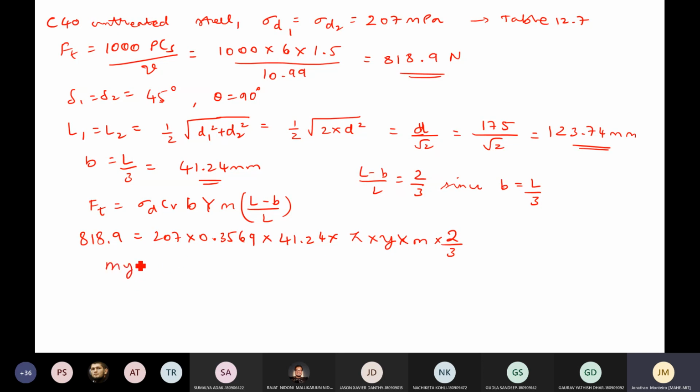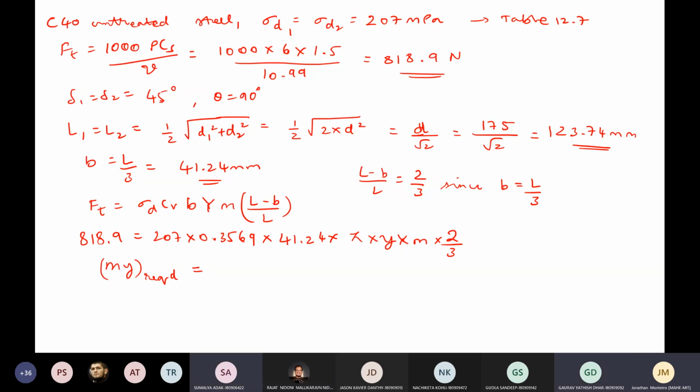Same type of calculation, M into Y, which is required, will be 0.403? That is quite a high value.